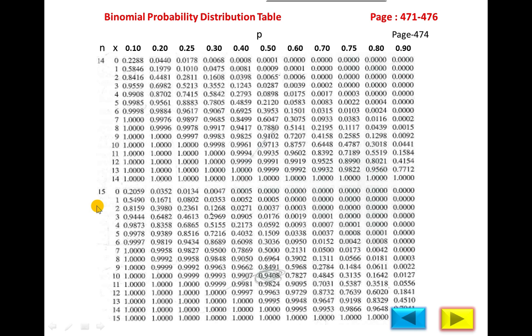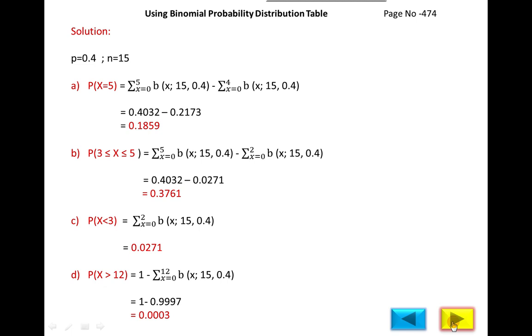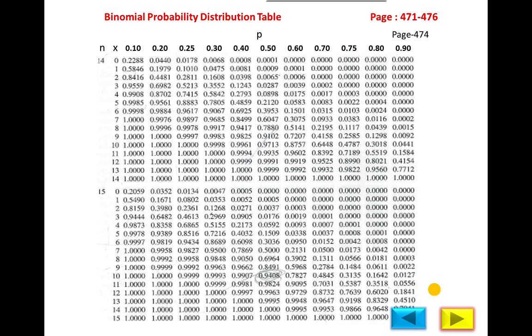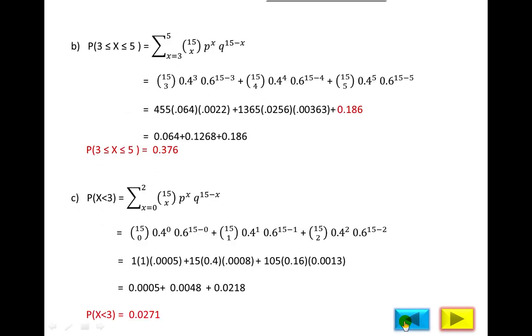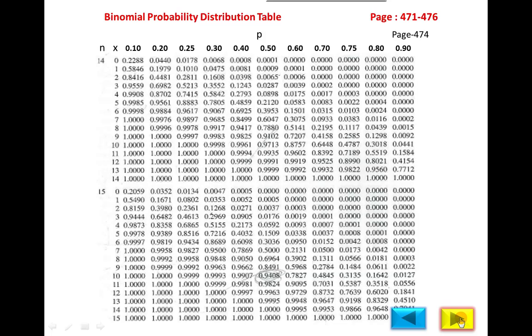We transform the binomial distribution according to the requirement into Poisson or normal probability distribution. So in the exam you have to use the different probability distribution table. The result will be the same, but solve this question using both methods: number one by using the formulas, and number two by using the table.